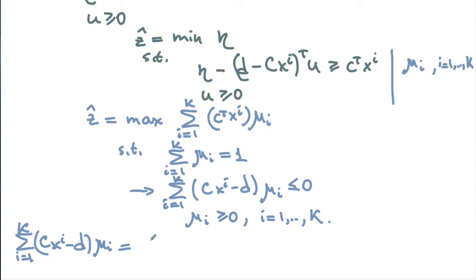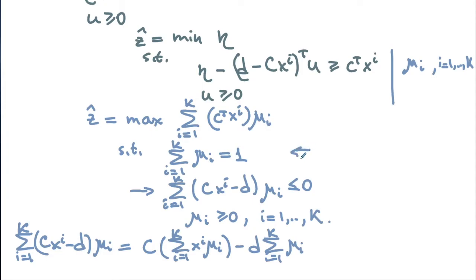This is going to be equal to C multiplied by the summation of xi's mu i's for i between 1 and k, and then minus d multiplied by the summation of mu i's for i between 1 and k. But the summation of mu i's is actually 1, and the summation of mu i's xi's, because mu i's are also non-negative, gives you a convex combination of xi's.